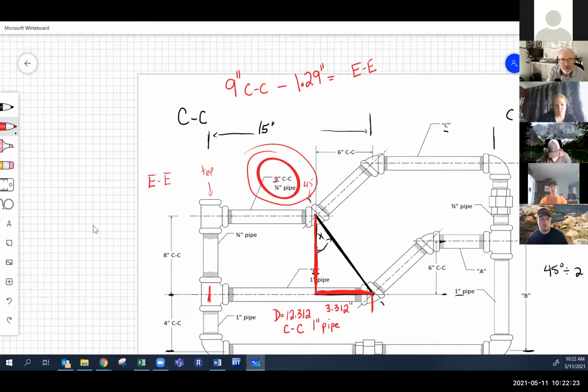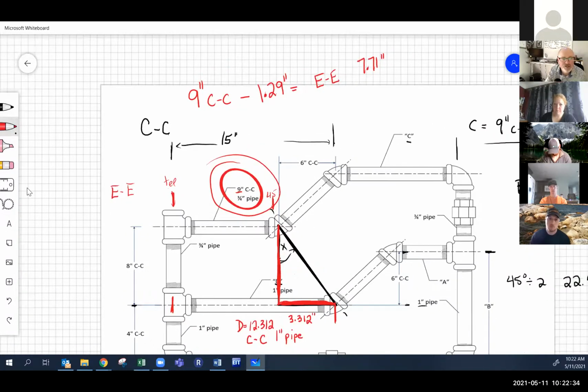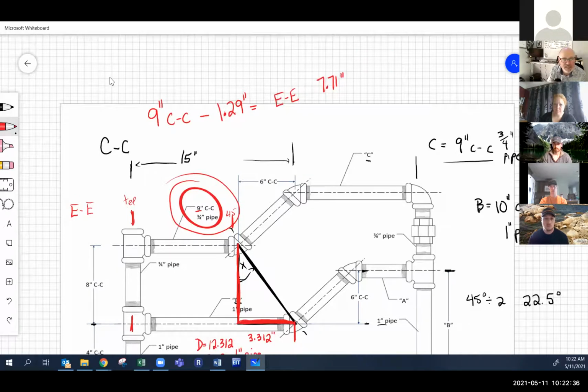So this pipe right here should be 7.71 inches. So you're going to make that pipe 7.71 inches right there. And that's how we calculate end to end measurements.